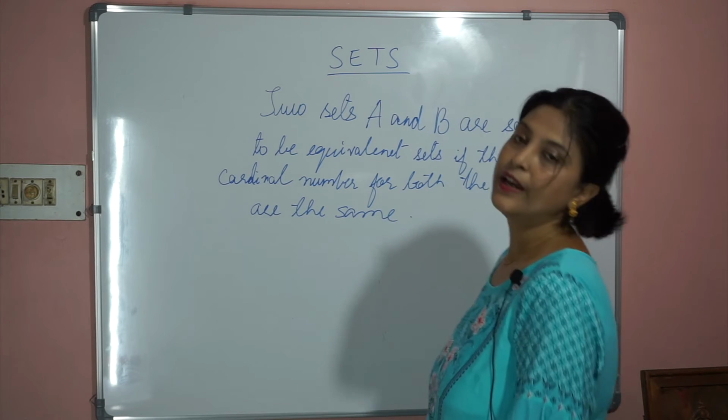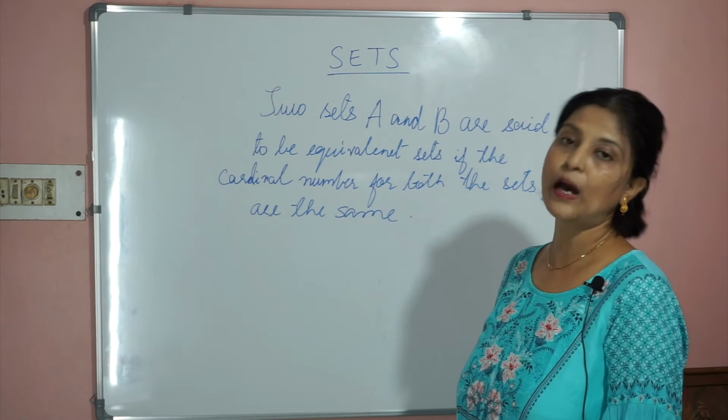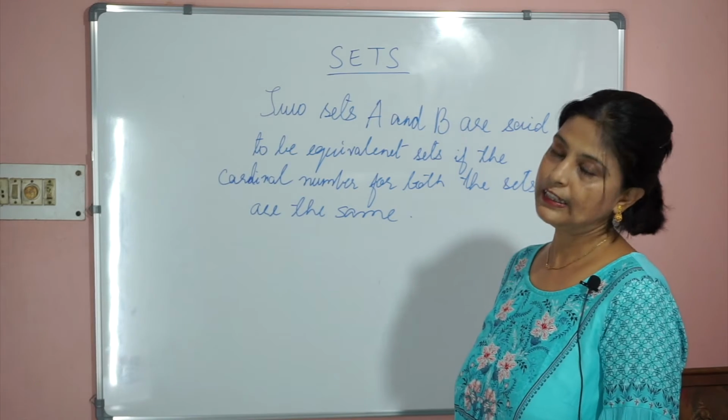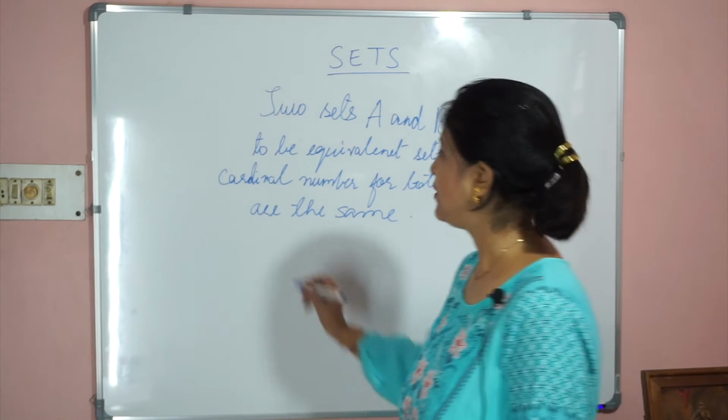So here, no matter what the elements in the sets are, if the number of elements is the same, then the two sets are said to be equivalent.